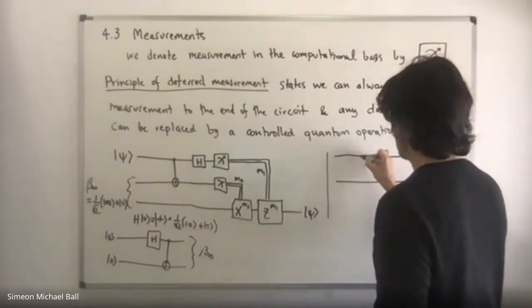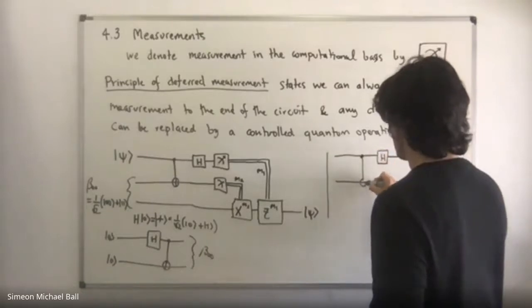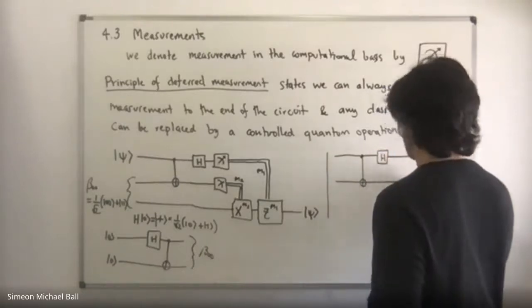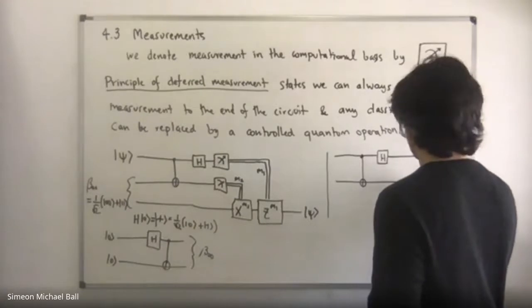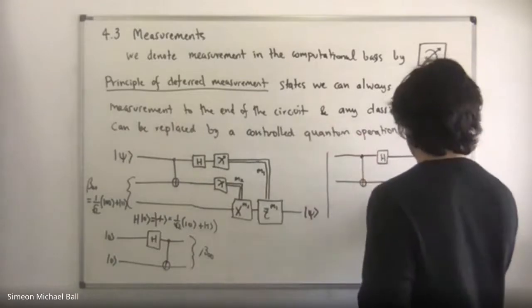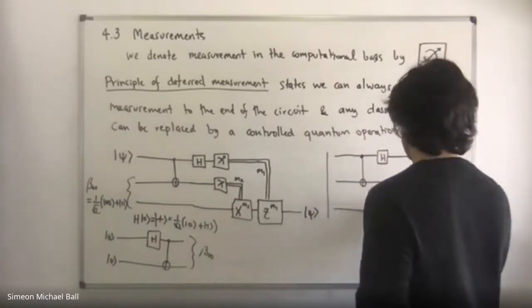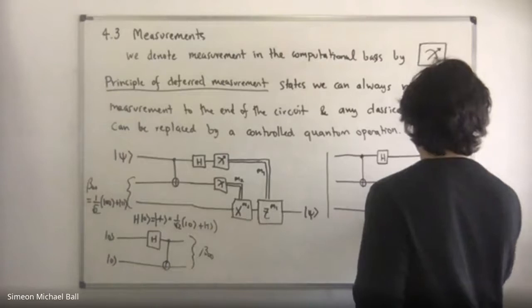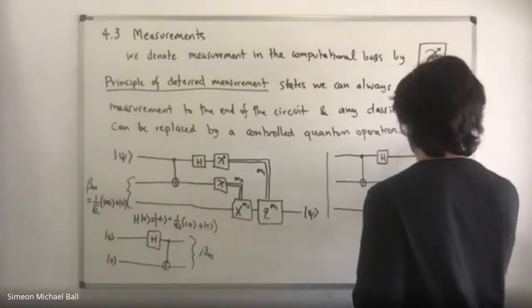We've got the C-naught. This classical bit is now to be replaced with a controlled one. So this now is an X here, and then this with a control Z on the first qubit.